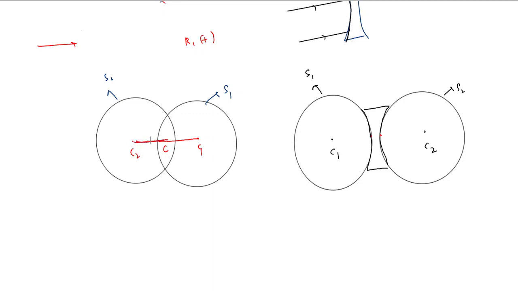This distance would be negative because we are going against the light direction. So for a convex lens, R2 would be negative. Similarly, if you look at a case of a concave lens, then here R1 is negative and here R2 is positive. So these are the sign conventions.